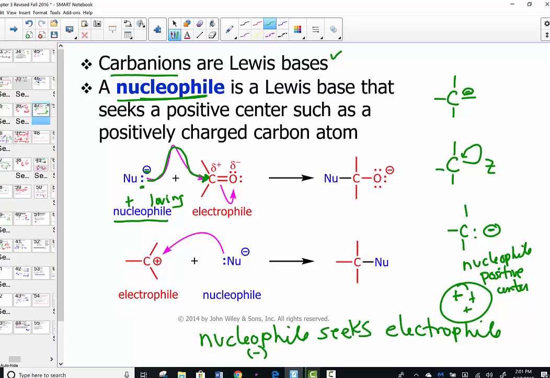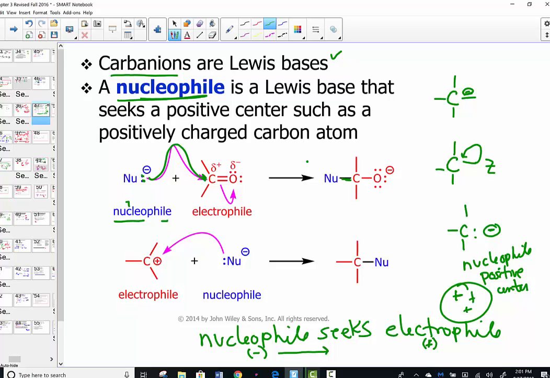It is seeking positive. The electrophile has a positive charge. It is seeking electrons. The flow of electrons always originates from the nucleophile and goes to the electrophile. You can see the nucleophile, electron-rich, seeking the positive of the electrophile, and you can see the new attachment and the bond collapsing on the oxygen, the pi bond.